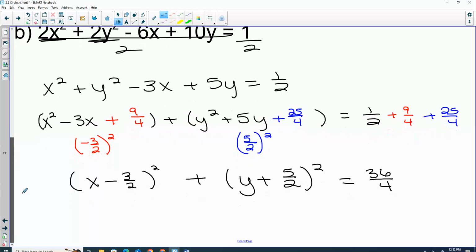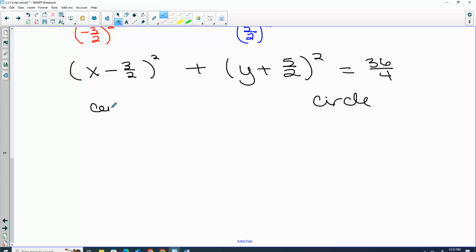So, can you tell me, is this one a circle? Yeah, we got a positive number over here, so it is a circle. What would my center be? 3 over 2, -5 over 2. My radius is the square root of this, so we can go ahead and reduce that.